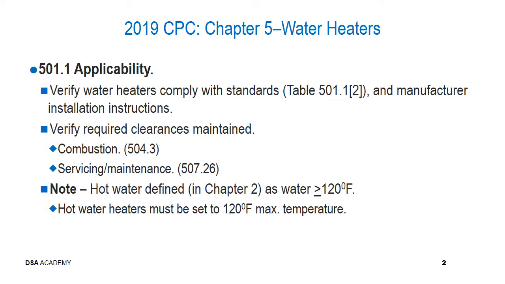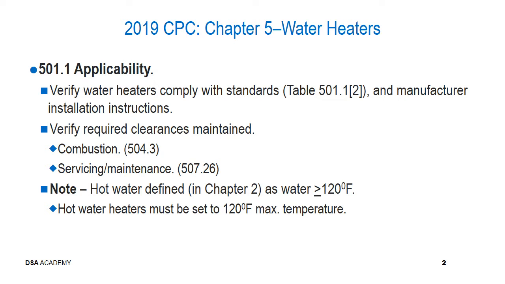Now, with respect to clearances, I want to clarify a couple of things. Clearances are generally divided into two groups, and that is accessible and readily accessible. Accessible means that the accessibility to a component or piece of equipment or an element may require the removal of an access panel or a door or some other similar obstruction.